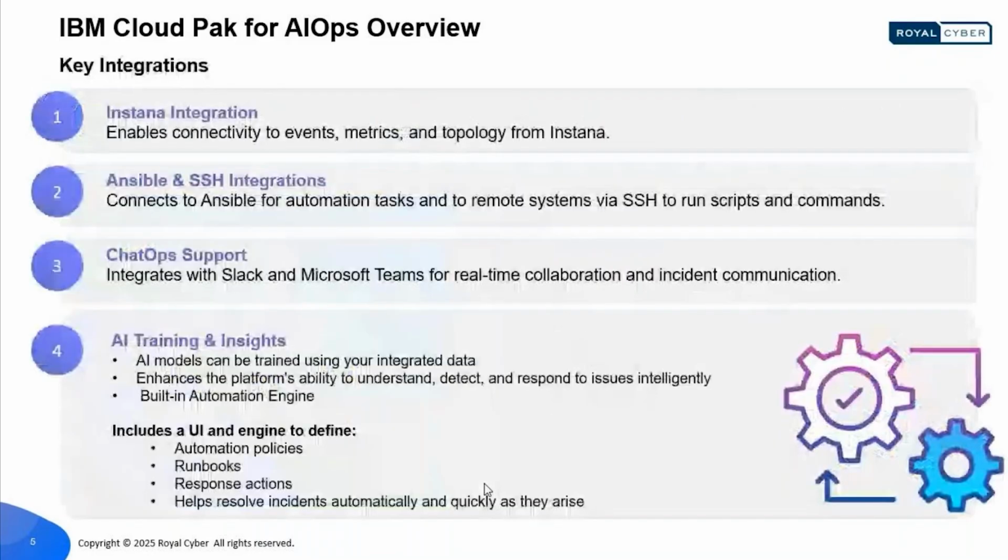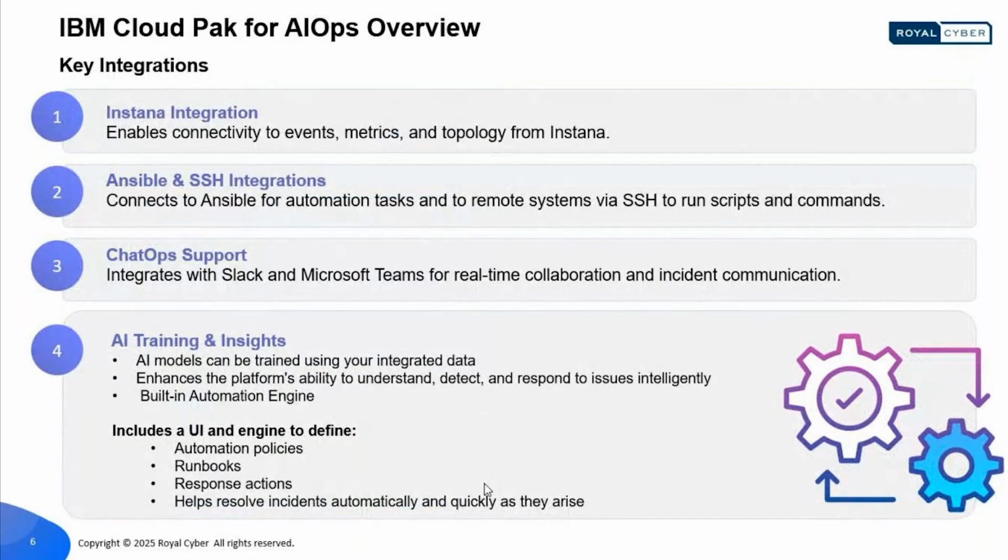Now, these are the key integrations, because Instana is a highly famous tool and it is widely used in different organizations. So AIOps provides the facility to integrate your Instana so that you can collect the events, metrics, and topology from Instana. It can also automate if you are using Ansible or SSH.